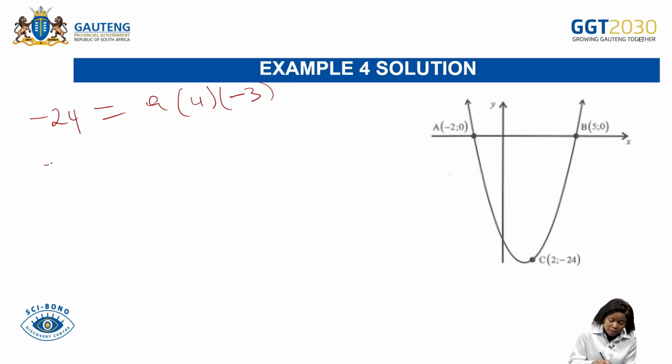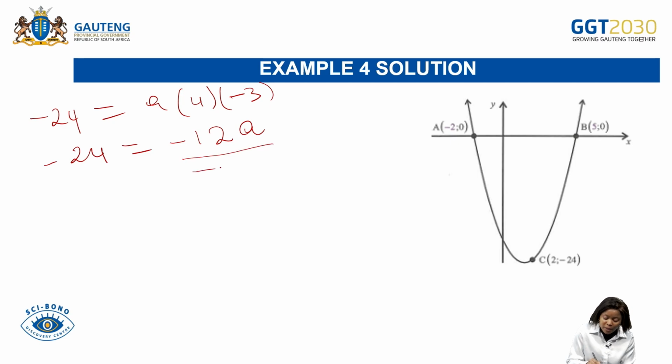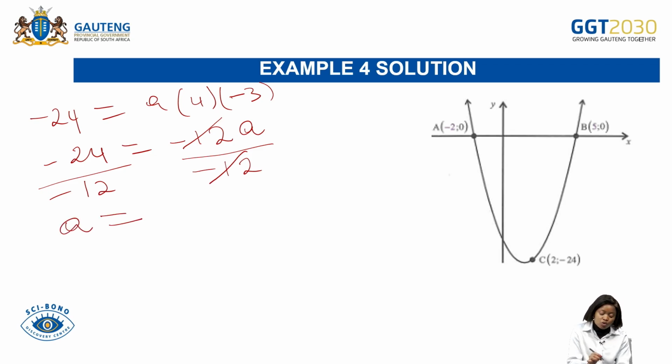Okay, so negative 24 is equal to 4 times negative 3, it's going to give you negative 12a. Then since I want to solve for a, I'll divide by negative 12 on both sides. So negative 12 divided by negative 12, I'll get a. It is equal to negative 24 divided by negative 12, which is going to give me positive 2, right?